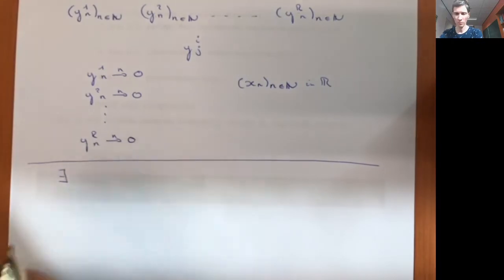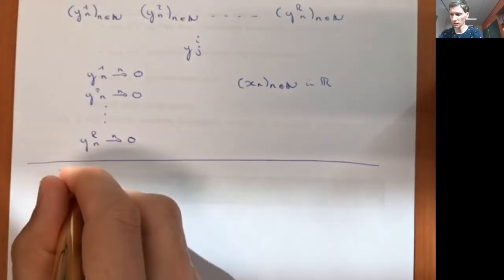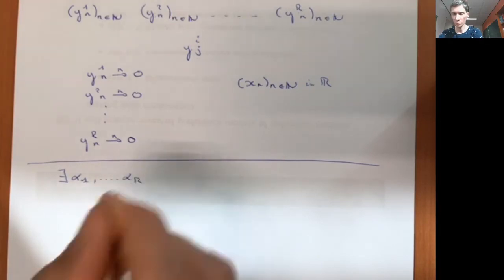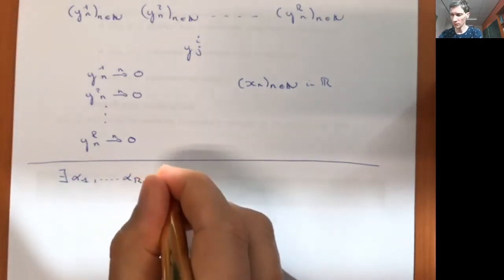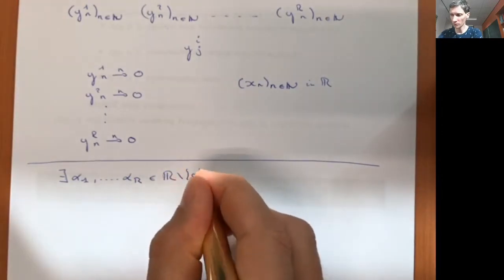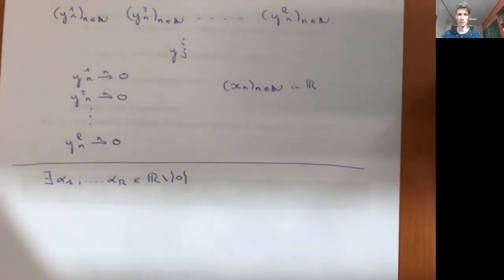So if there exist numbers, let's say alpha 1 up to alpha r. These can be real numbers, and let's exclude the number 0 for easiness.